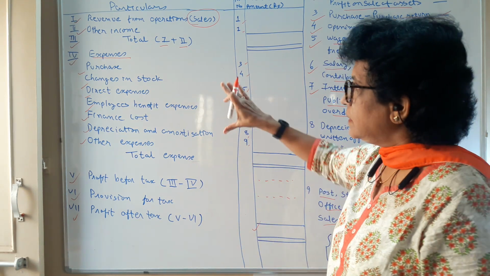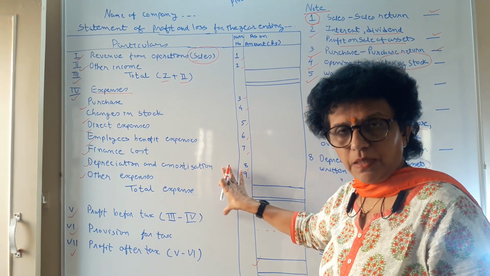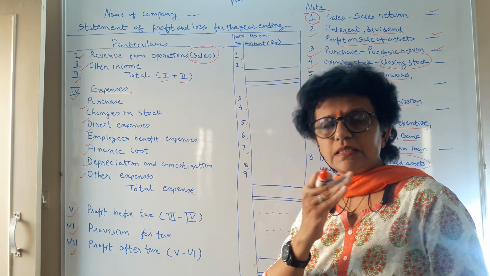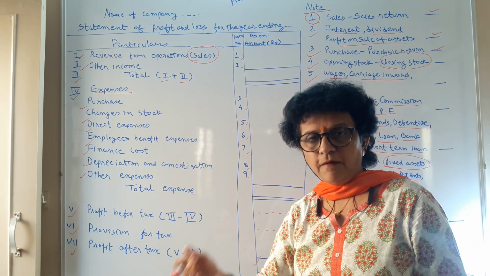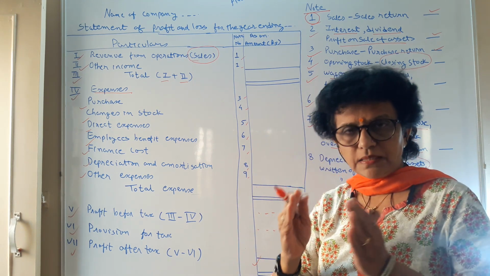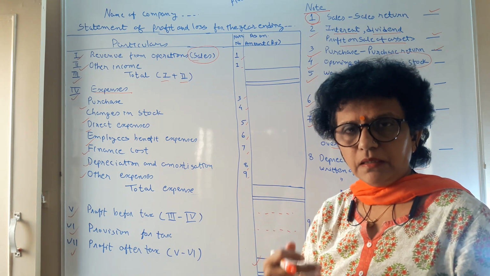This is how the P&L is to be prepared. First, the balance sheet is to be prepared. Second, in the balance sheet we have two sections, equity and liability as well as asset. So we have learned up till now the entire presentation of the company's final account.